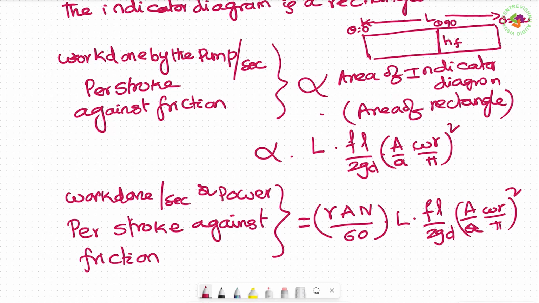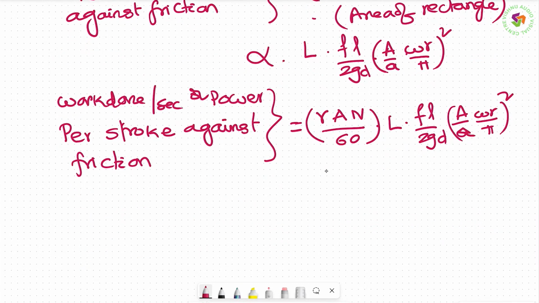So this is the equation. There are now two equations, previously one, now these two.